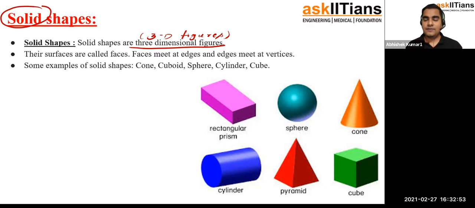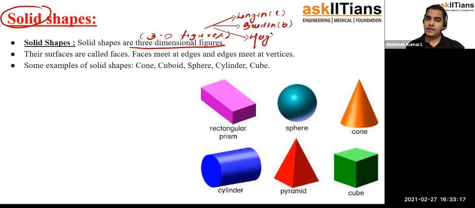But if you are talking about solid shapes, the very first thing you need to keep in mind is they are 3D figures, and 3D figures means they have got three dimensions. One of the dimensions is length, the other dimension is breadth, which is denoted by B, and the third dimension you have is height, that is denoted by H. So solid shapes are 3D figures, or three-dimensional figures.